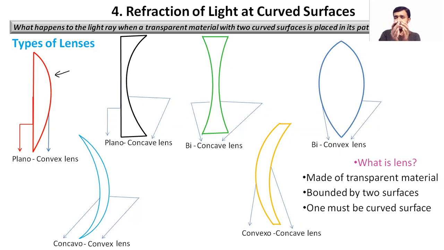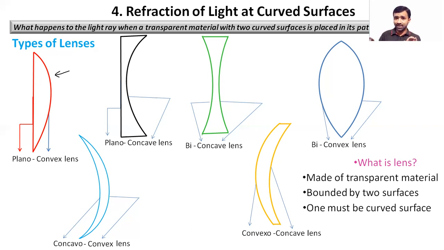So the combination will give you the name. Plano-convex, plano-concave, double concave, double convex, then concavo-convex, convexo-concave. So these are the typical lenses, some different types of lenses that we use in our daily life, right?